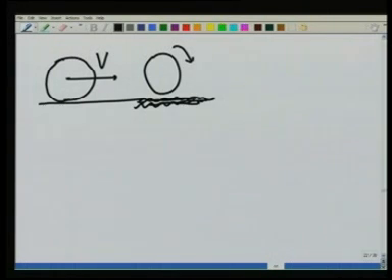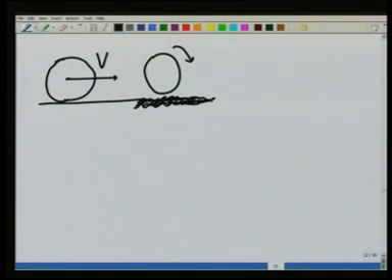So, here it was just moving, there was no rotation of the wheel about the center of mass, and as soon as it hit this rough place, it started rolling, so that its lowest point was stationary at that point.